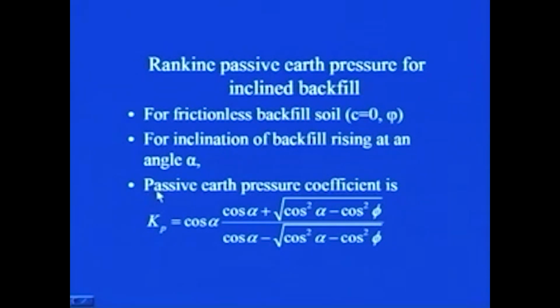In that case your passive earth pressure coefficient will be given by this expression: Kp equals cos alpha into cos alpha plus square root of cos square alpha minus cos square phi, divided by cos alpha minus square root of cos square alpha minus cos square phi, where alpha, as I told you, is the inclination of the backfill of the wall and phi is the angle of internal friction of the backfill soil.